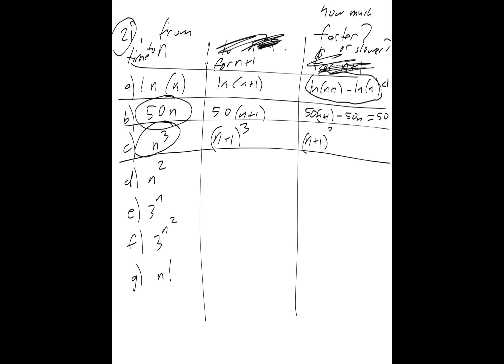It's (n+1) to the third minus n to the third. And who remembers their algebra? So what is (n+1) cubed minus n cubed? Not quite. That's close, but not quite though.